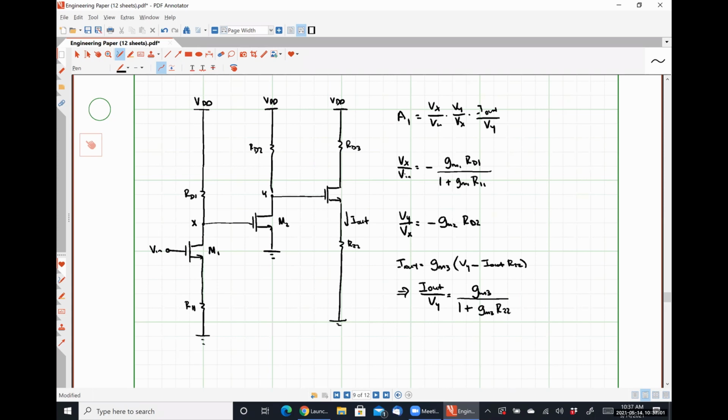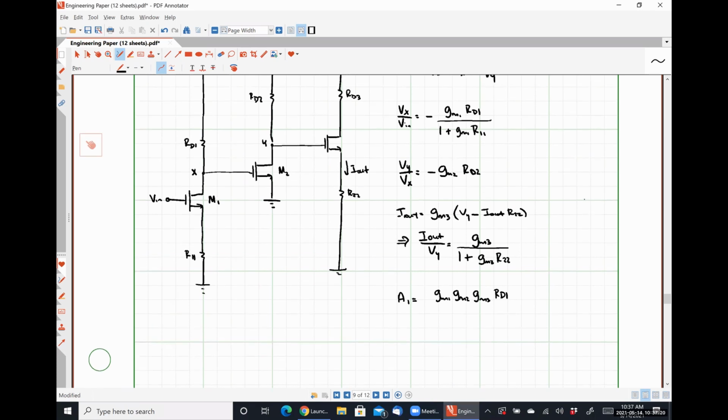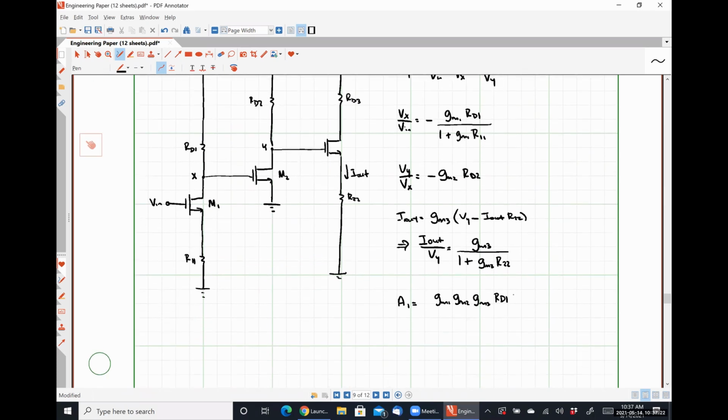Combine these three gain stages together, giving us an open loop gain of GM1, GM2, GM3, RD1 times RD2. Sorry, I missed having RD2 in my notes.